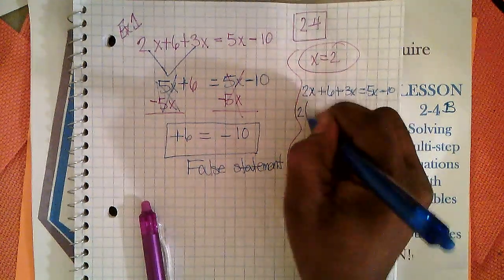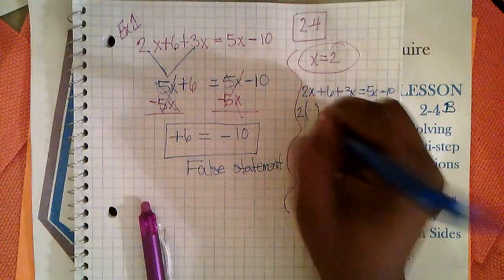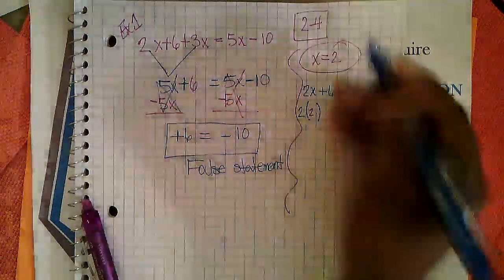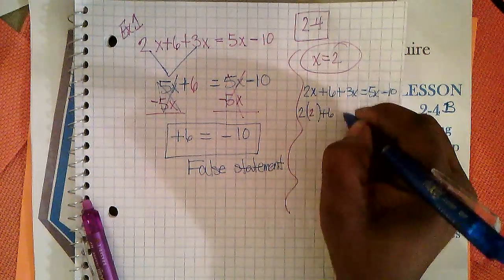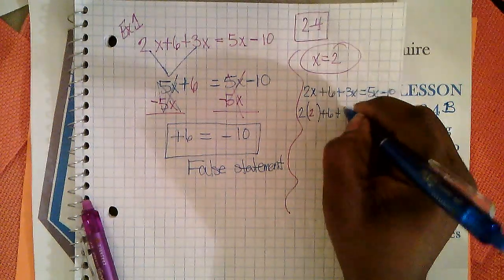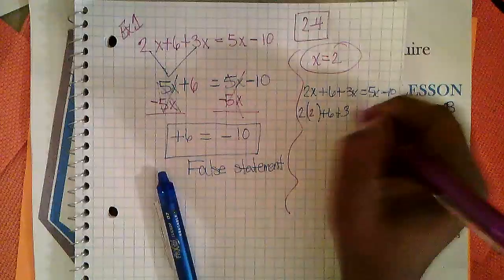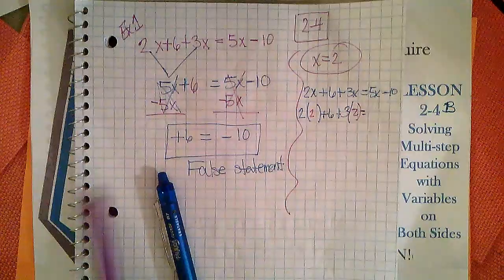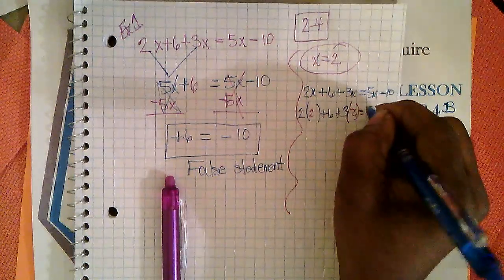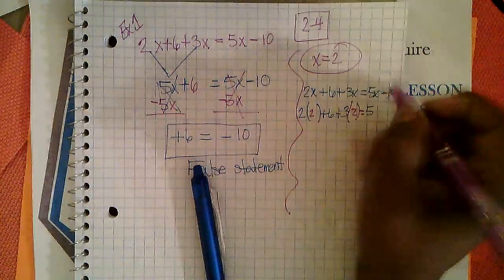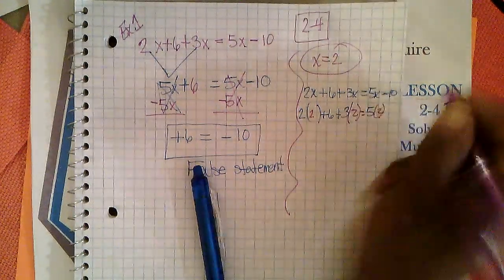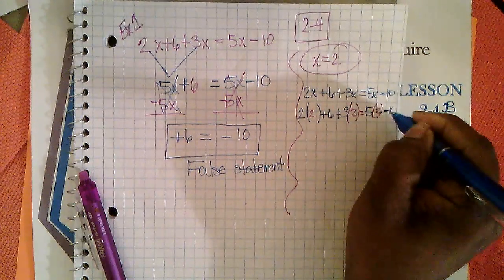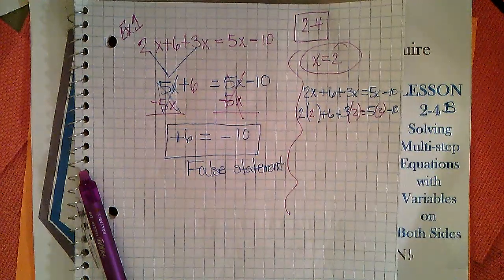So 2x should be a 2, plus 6 plus 3, put a 2 in for x, equals 5, put 2 in for x, minus 10. Check to make sure I wrote it right.